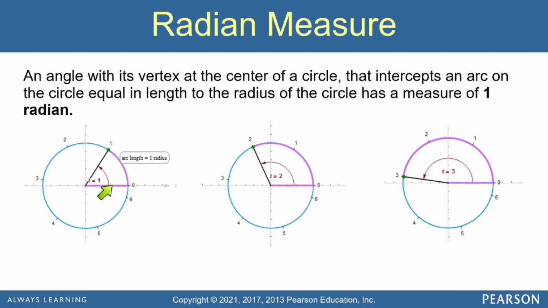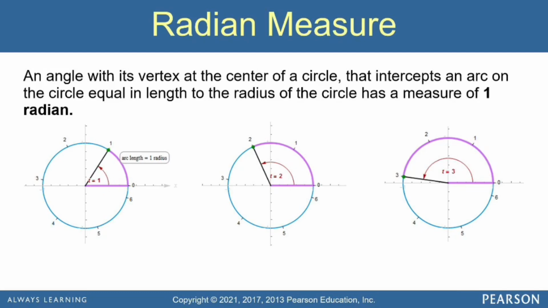And you can see the radius here. What's special about this angle is that the arc of the circle that this angle cuts off is exactly the same length as 1 radius. And so we would say that this angle has a measure of 1 radian.